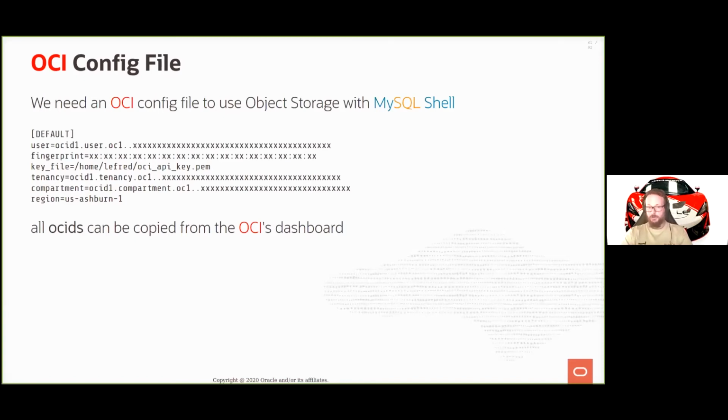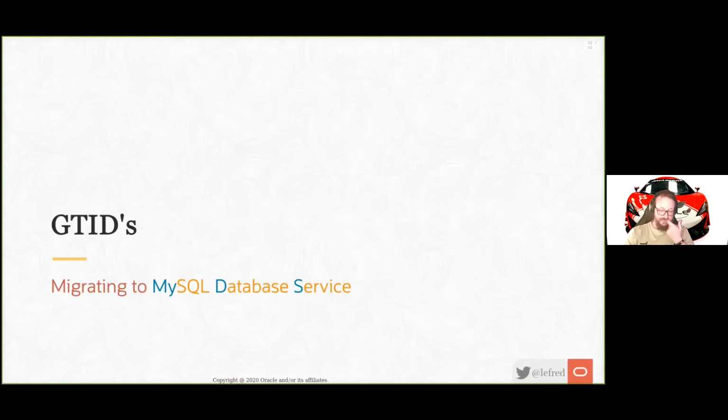Another very important thing is that we need to have GTID enabled on our on-prem server. GTID is very important because it's the only way we will be able to replicate from on-prem to OCI.